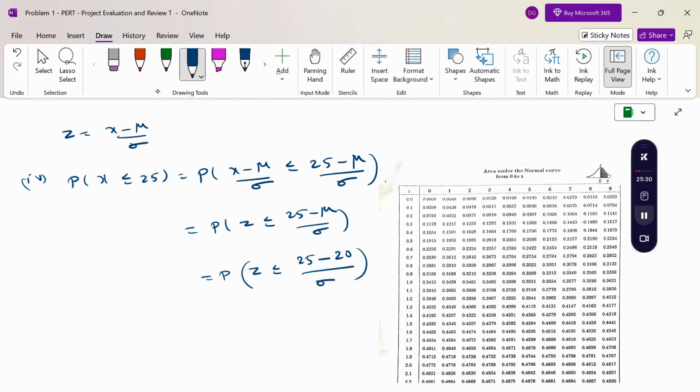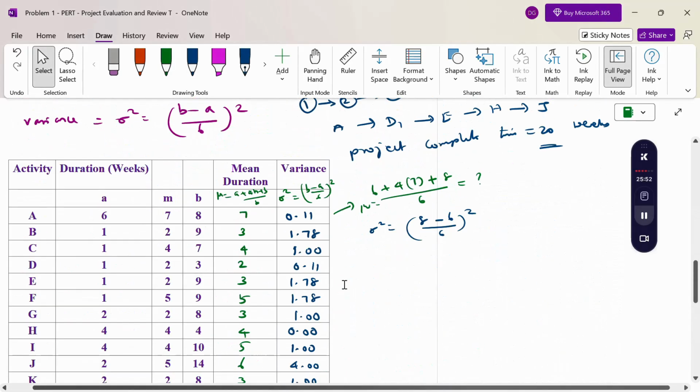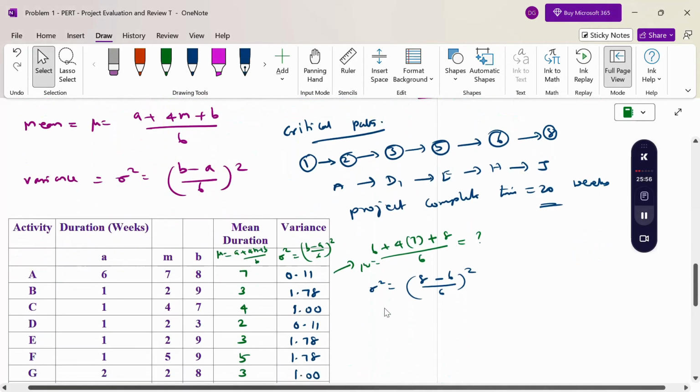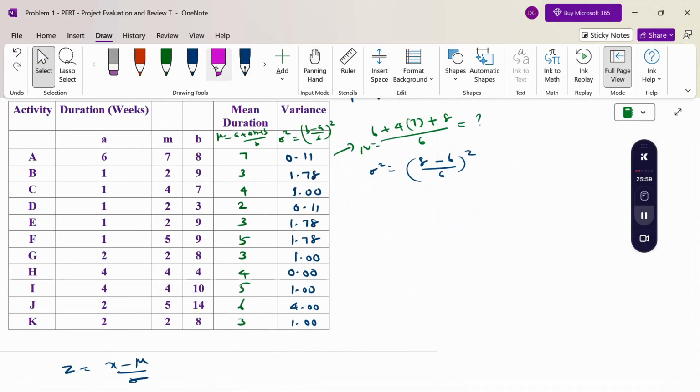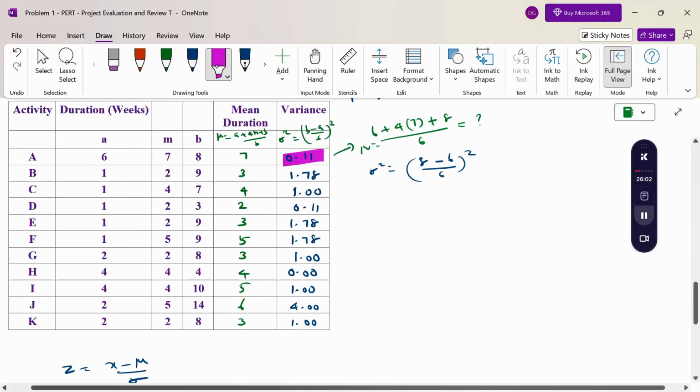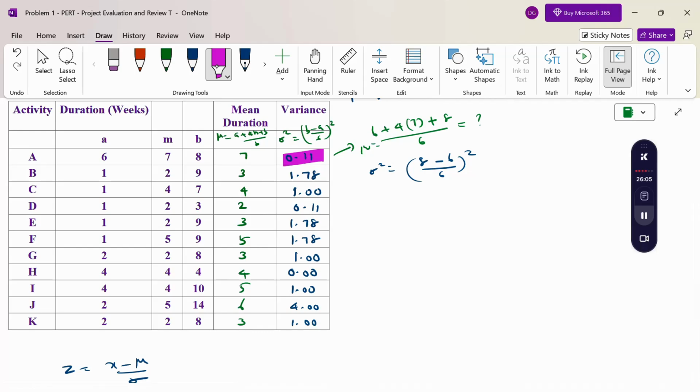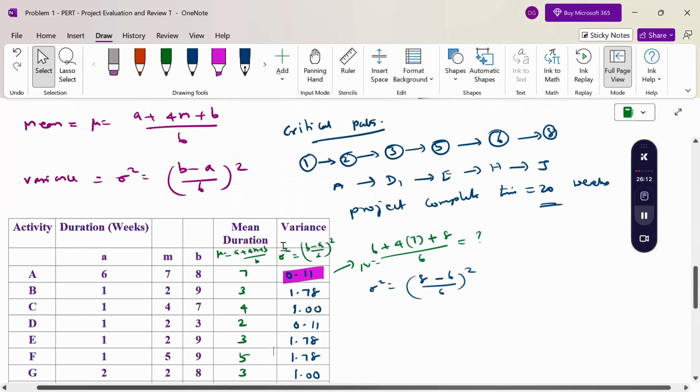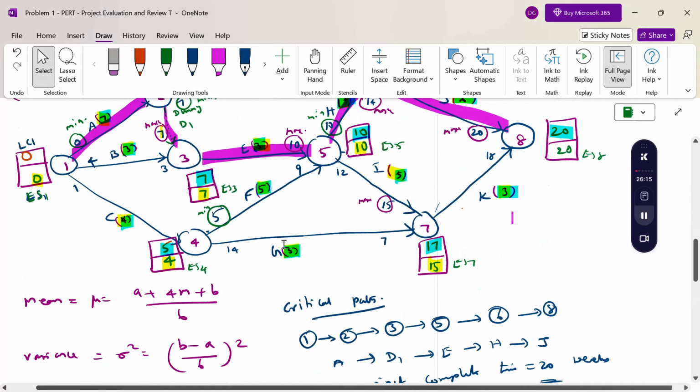This mu is the critical path duration, 20, and sigma is also found from the critical path, from the variance of the activities. So the variance in the critical path: the critical path is A, then d1, which is dummy 0, and then E, and then H, and then J.